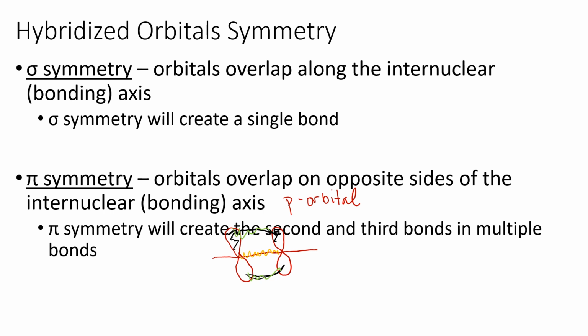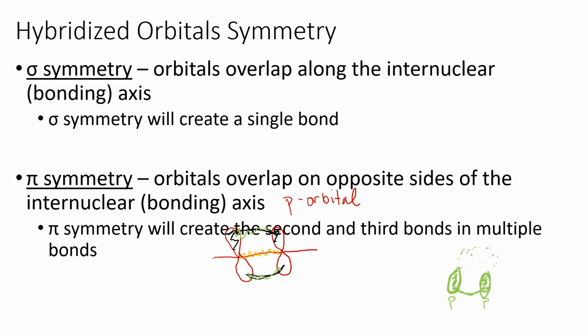So remember, if that p orbital is pointing out at you and going back behind the plane of the board, I can see the overlap then out in front of the nuclear axis or back behind the nuclear axis as well. So we can see different overlaps. We can then share 3 pairs of electrons between 2 atoms instead of just the one.